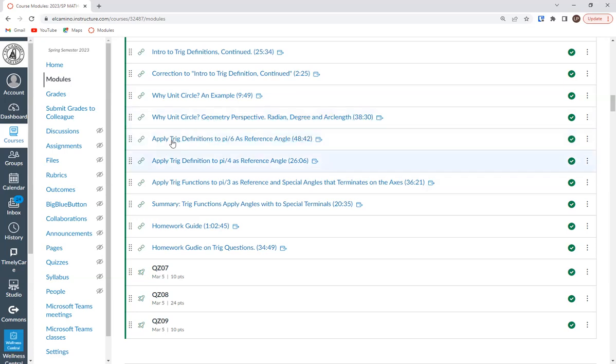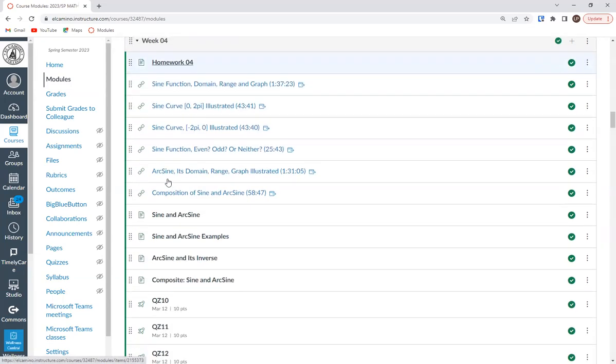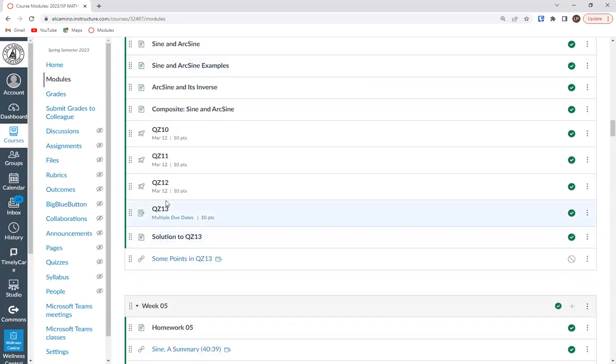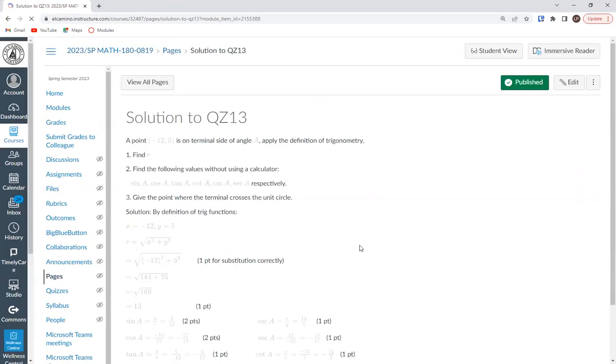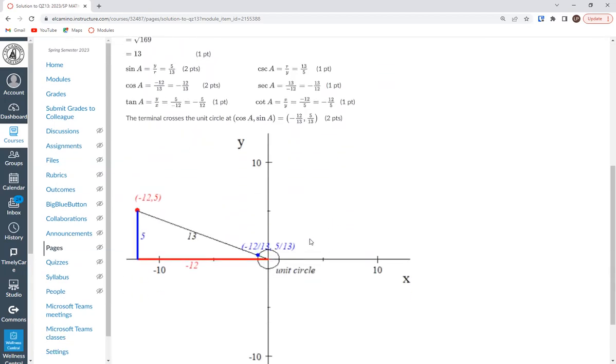You apply ARD to special angles, and you got a quiz on number 8. Applied ARD to non-special angles, and this time you got quiz number 13, which is also a non-special angle. You can see they're all united by ARD. It's just one question.